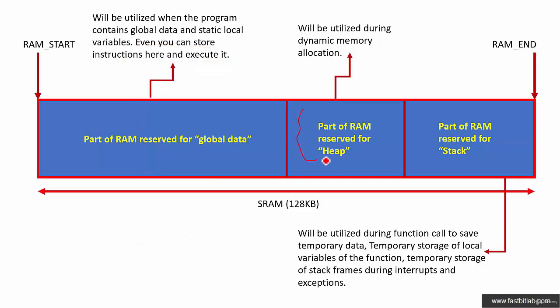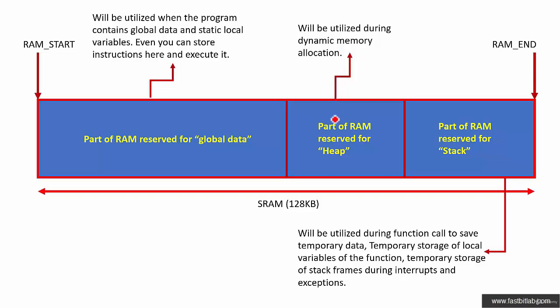Another part of the RAM can be used for heap. That is, it will be utilized during dynamic memory allocation. Let's say in your program you use malloc or free APIs, the dynamic memory allocation APIs from the standard library.